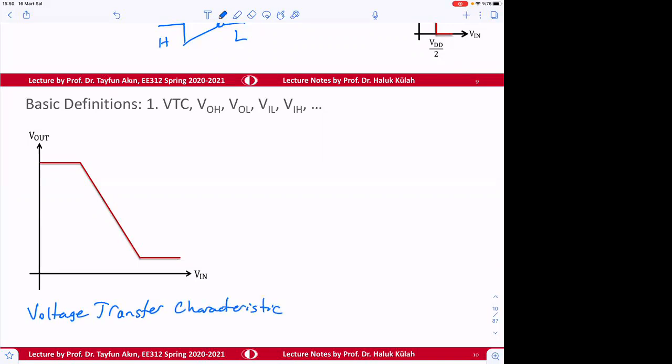Okay, and when we look at this, as a definition this is called V input low. This is as a definition V input high, and this is as a definition V output high. This is as a definition V output low.